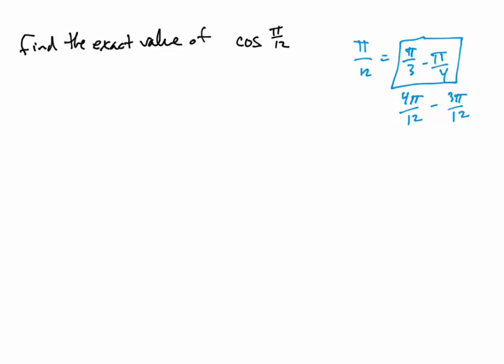A second way we could do this is to convert to degrees. I think this is probably easier for people to see. So pi over 12, we'll multiply that by 180 over pi. Pi's cancel. 180 over 12, if I divide both of those by 6, we get 30 divided by 2, which is 15 degrees.